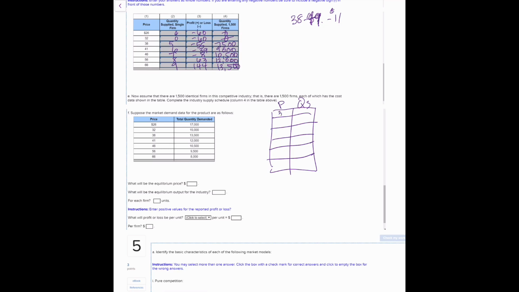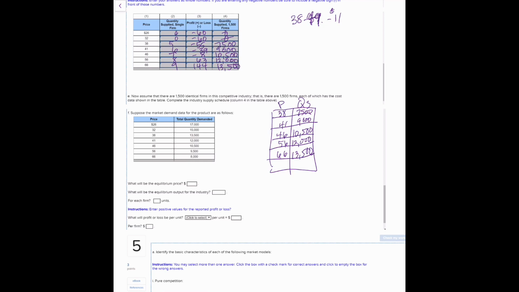So the prices are 38, 41, 46, 56, 66, and the quantities that prevail then are 7,500, 9,000, 10,500, 12,000, and 13,500. Forgive the sloppiness here.